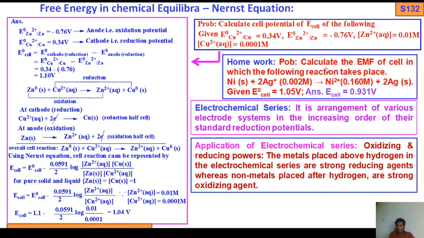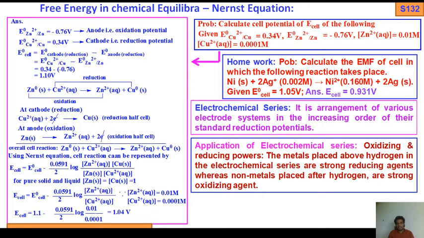You have to find the E cell; the answer will be 0.931 volt. Try it yourself at home. If you feel any problem or confusion, then tell me. This is the problem, I think you should solve it, and this is the answer and the given data.